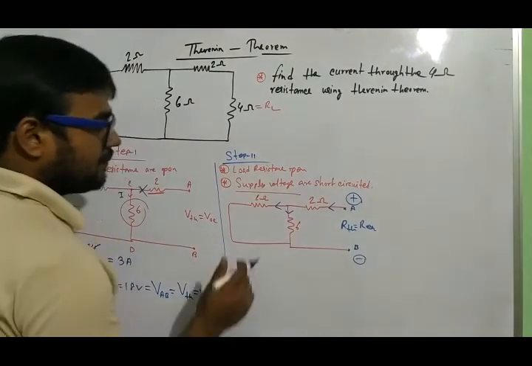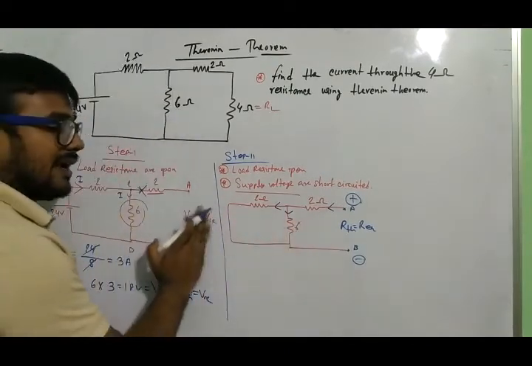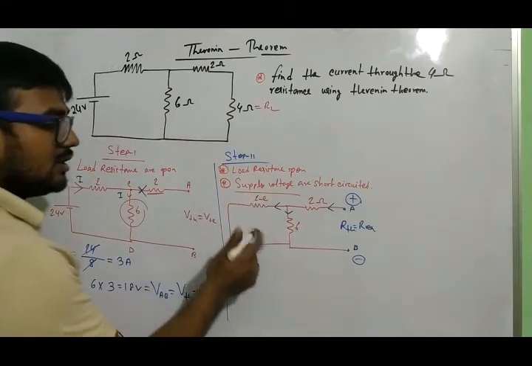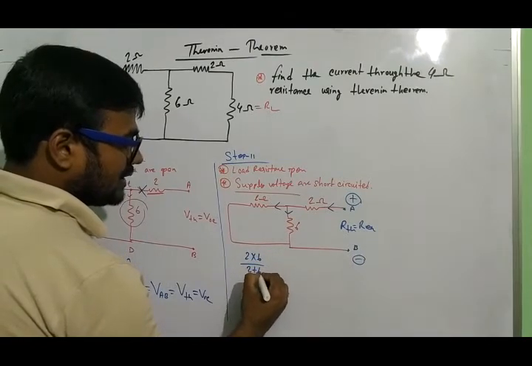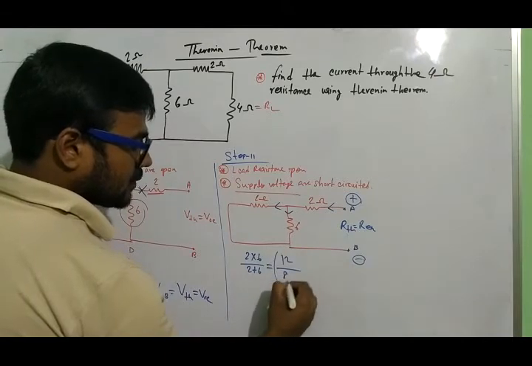So how to calculate? I am calculating from the back side. Starting from the back side, 2 and 6 are connected in parallel. That's why 2 parallel 6 means 2 times 6 divided by 2 plus 6, so 12 by 8.